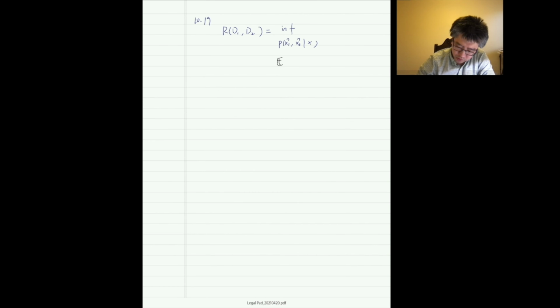And we'll have two distortion measures: D1 of x and x1 hat is less than D1, and D2 of x and x2 hat is less than D2, okay? Then I want to minimize the mutual information between x and x1 hat, x2 hat. So this is basically the definition.